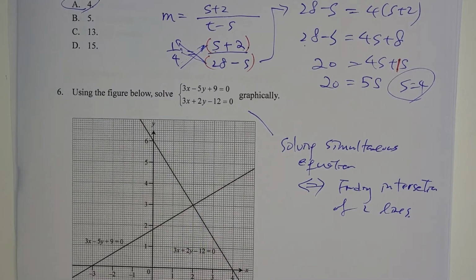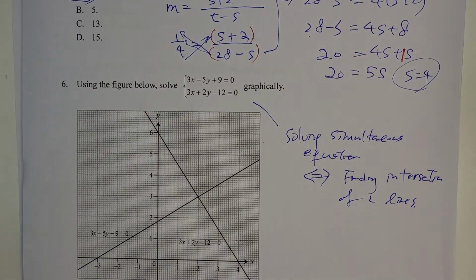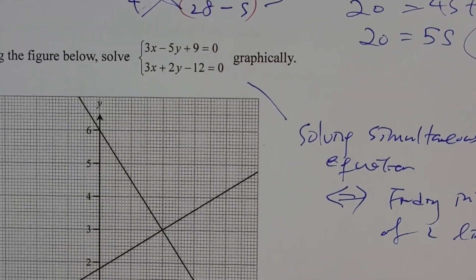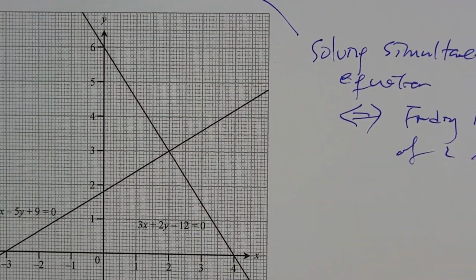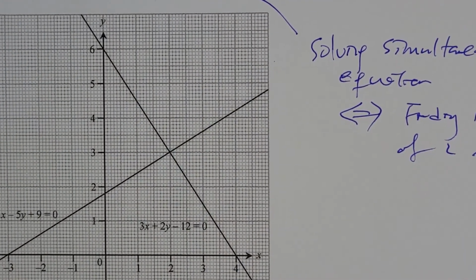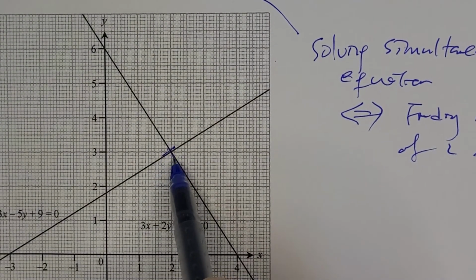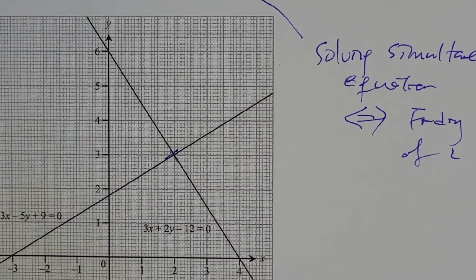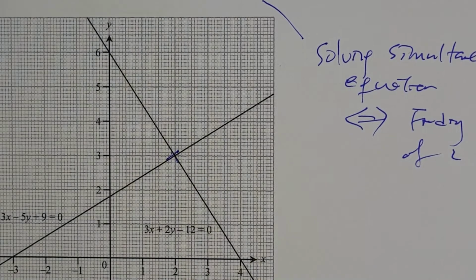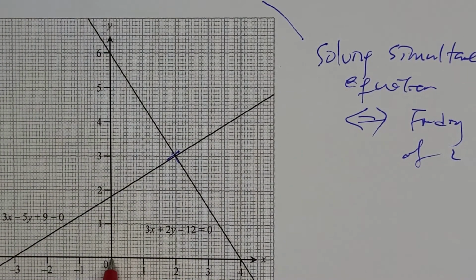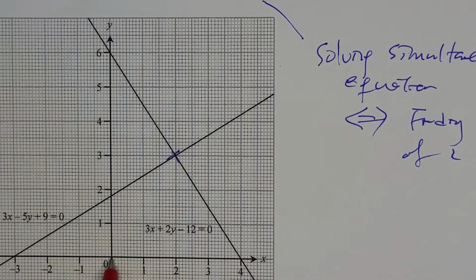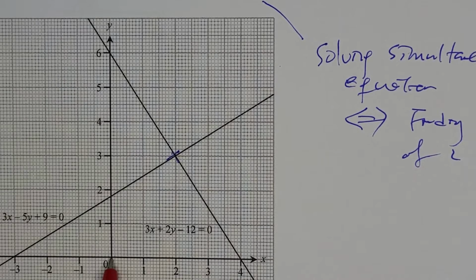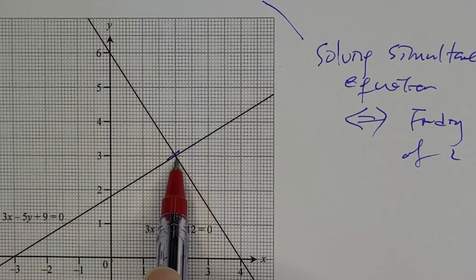Actually, it's here. So let's enlarge the size. You know this point, there's an intersecting point. So how do we read this point? You can start from here. How do we move from the origin to this point?